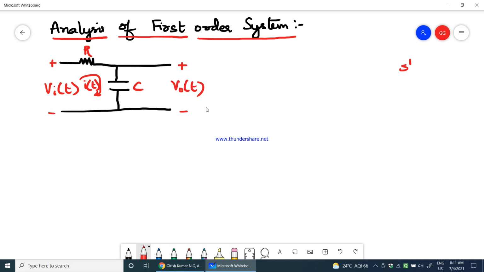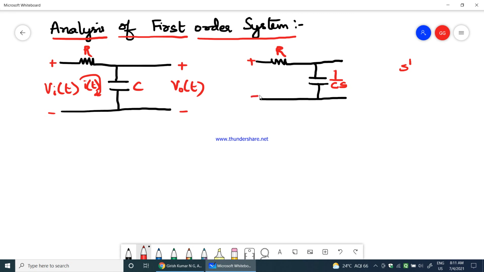We'll try to write the transfer function for this particular circuit. As we all know, to write the transfer function, first we need to convert the given circuit into its Laplace equivalent. I have taught this in the transfer function video.